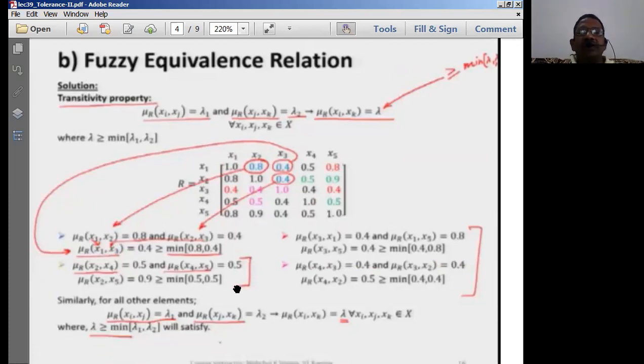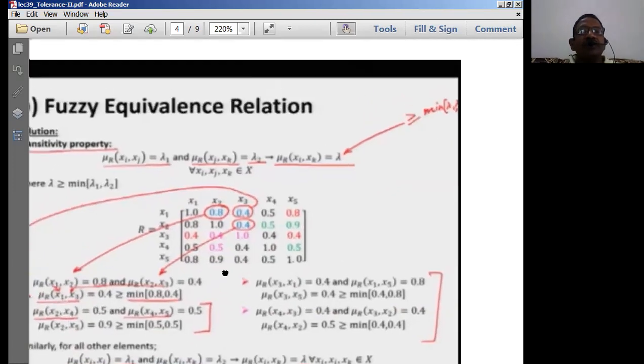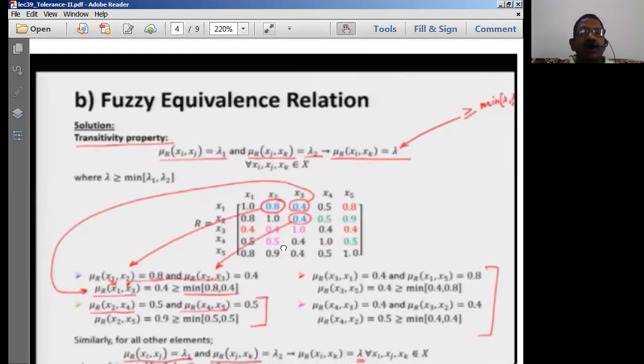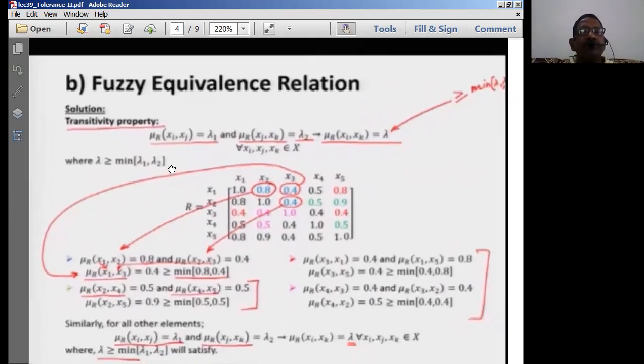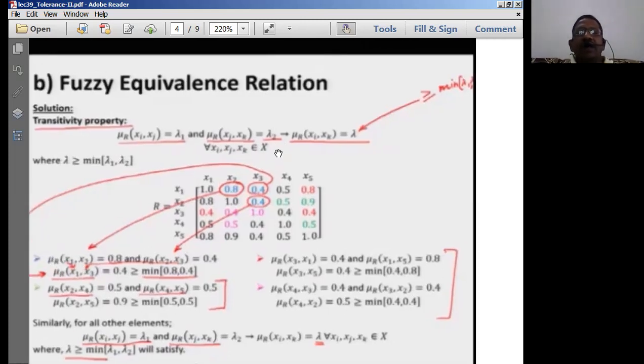Now let us extend this step for the fuzzy equivalence relationship. The membership function mu r of xi comma xj should be equal to lambda 1, and the membership function mu r of xj comma xk should be equal to lambda 2, which tends to mu r of xi comma xk.